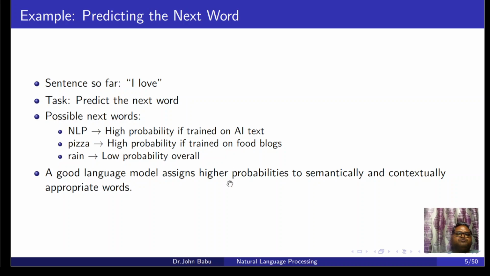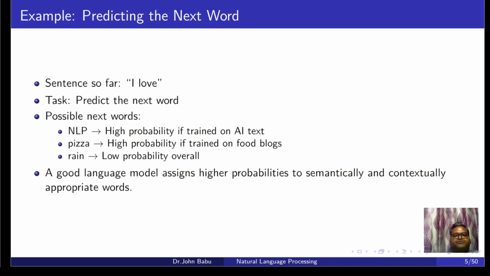In language modeling, given the present sentence, even in WhatsApp or Google, when you type certain words, it automatically suggests the next word by predicting it. This is done using language modeling. For example, I typed "I love." Next, the model will predict what the next word will be. Suppose I am studying NLP, the next probable word is "I love NLP."